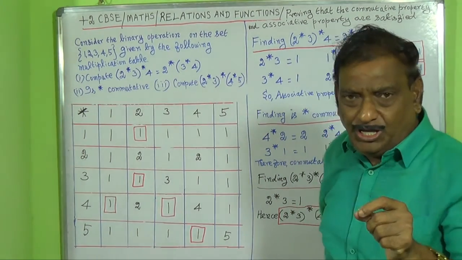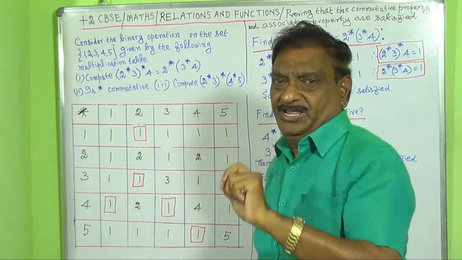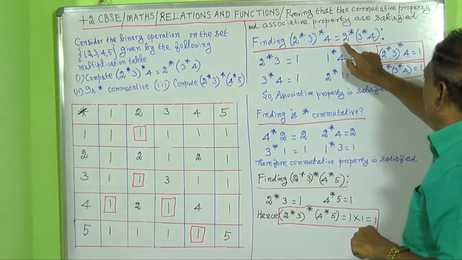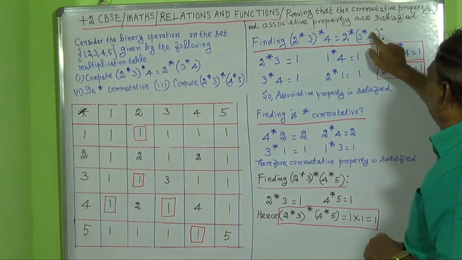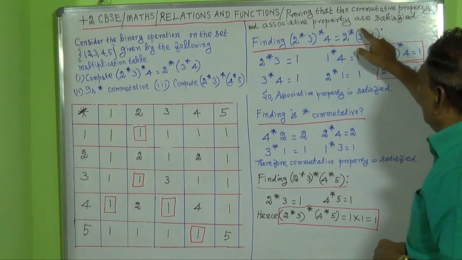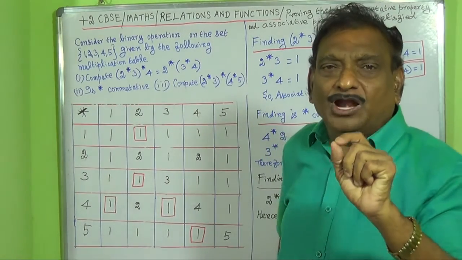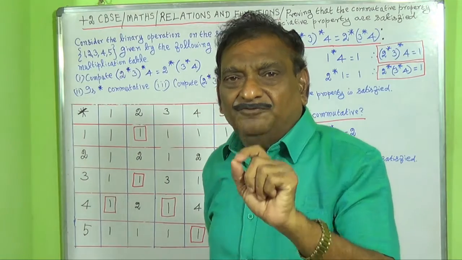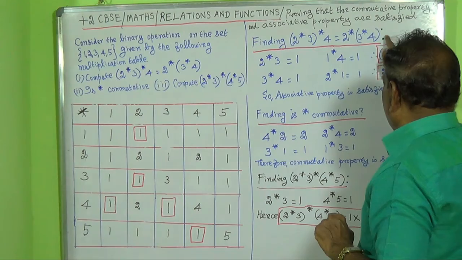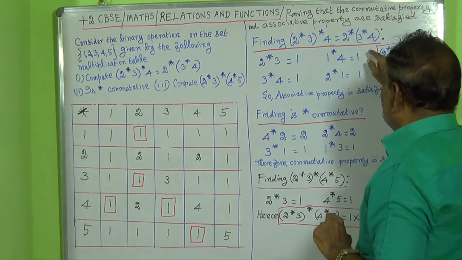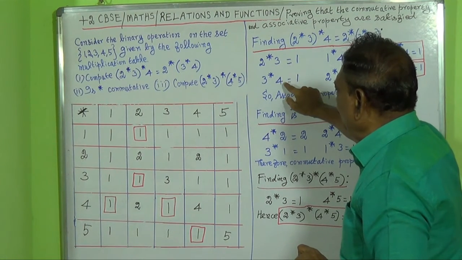Now we are going to get the result for the right side expression, that is 2 * (3 * 4). First of all, we get the result for the data contained within the parenthesis. Here the data within the parenthesis is 3 and 4, so 3 * 4 is to be found first.